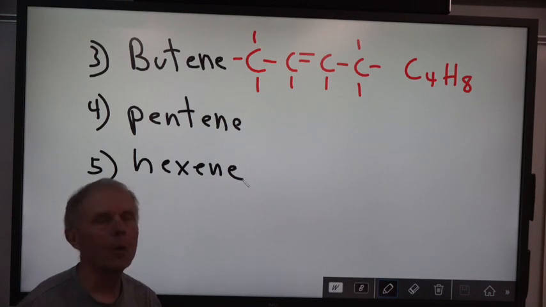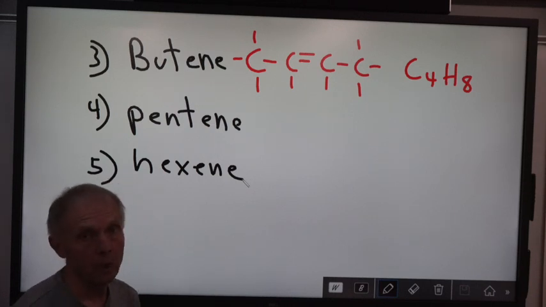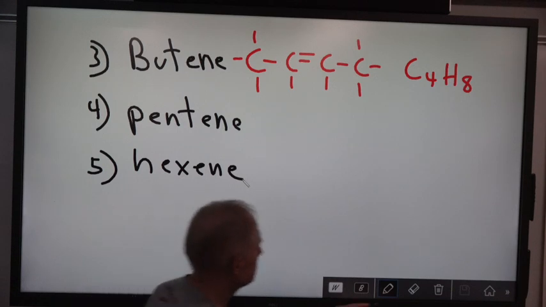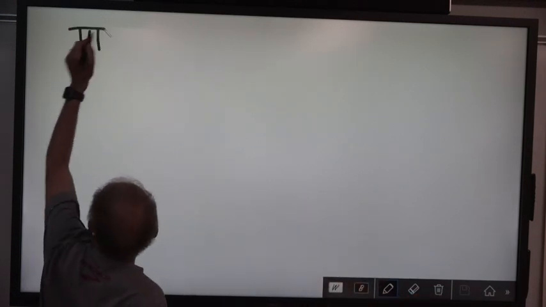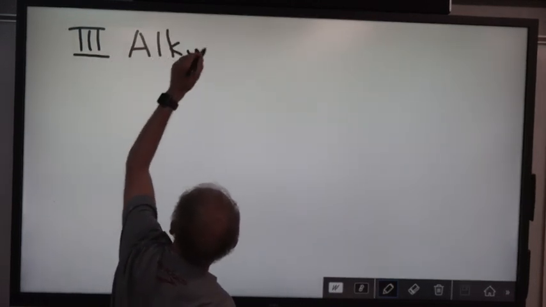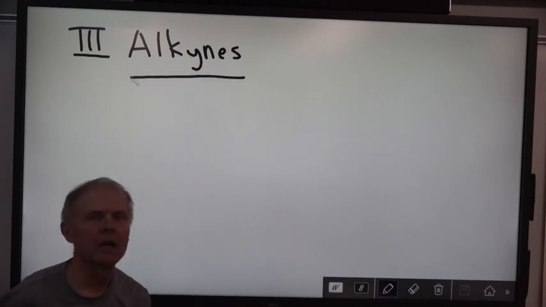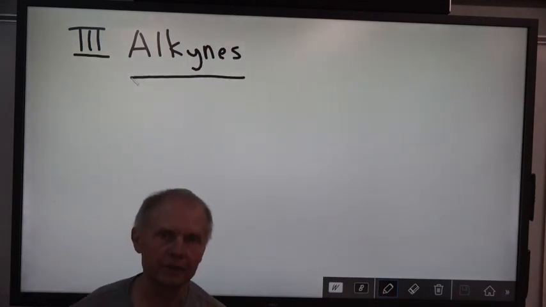And now we're going to go into our 3rd and final homologous series with hydrocarbons. This is going to be Roman numeral 3. These are called alkynes.